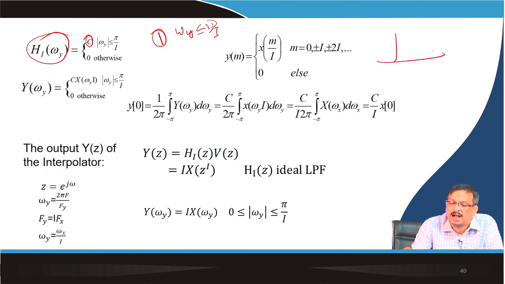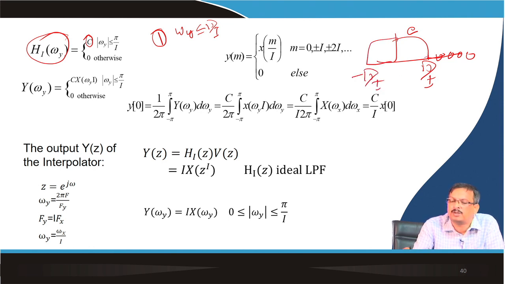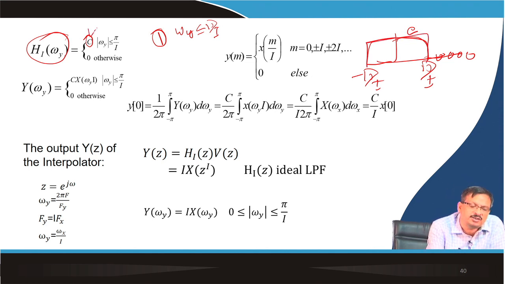So I require a low pass filter which will be C from minus pi by I to plus pi by I, and after that it will be 0. That I want. So how do I get the value of C?